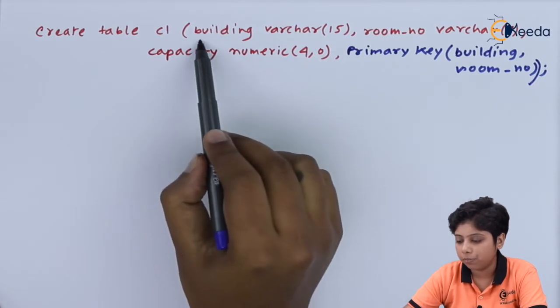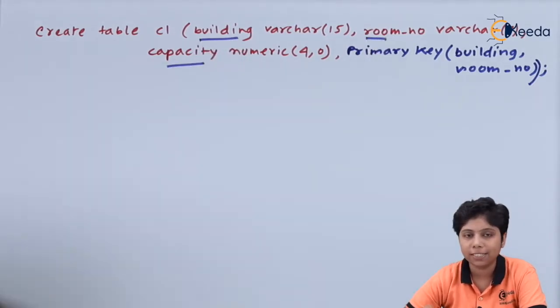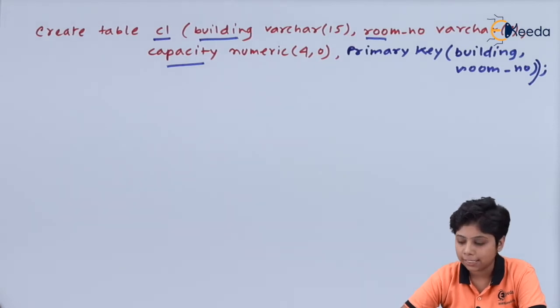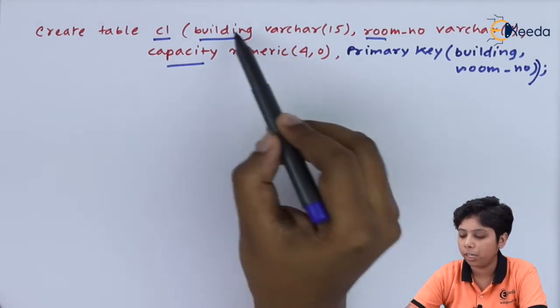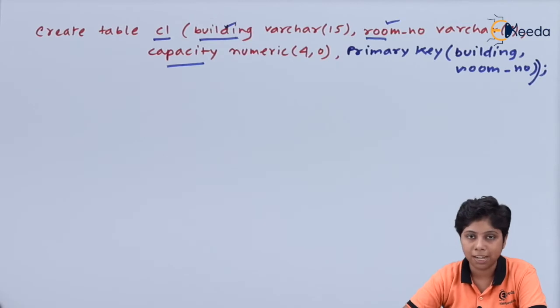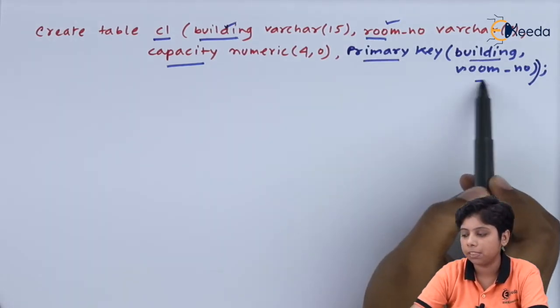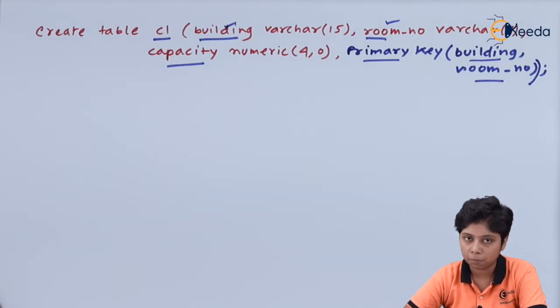I have mentioned the building, room number and capacity as attributes of a classroom relation. And as to define a classroom, we need both the building and room number as a combination, so I am defining the primary key as the building and room number. So it is a combination of attributes, not a single attribute that we are considering as a primary key.